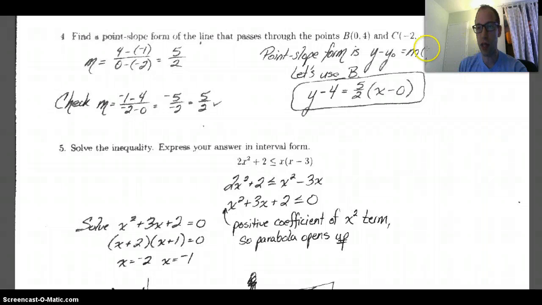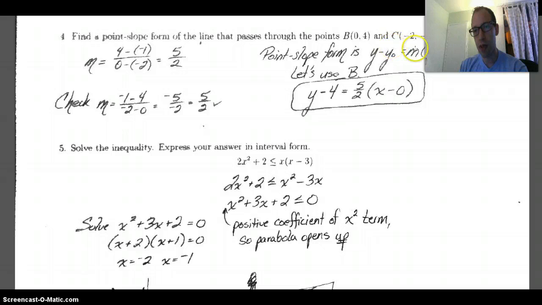That would bring it over here. And the other difference is whatever that first xy coordinate pair is, we're leaving that as variables. So point slope form: y minus y0 equals m times x minus x0.